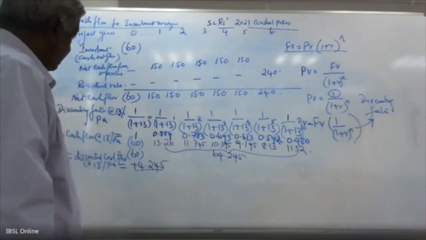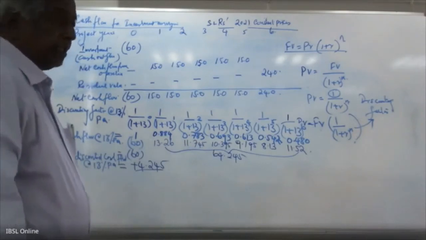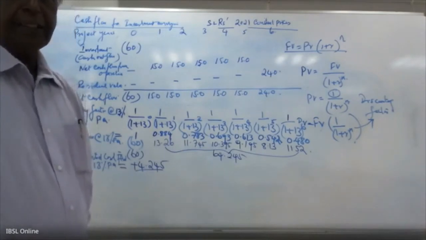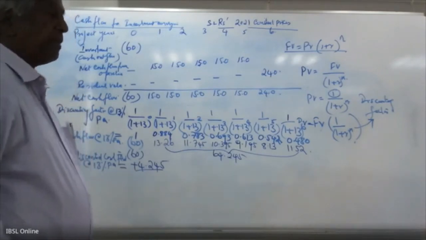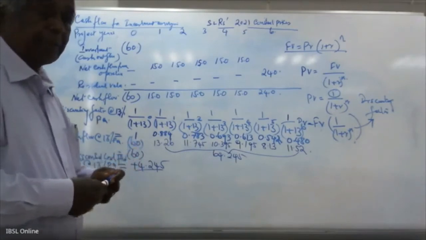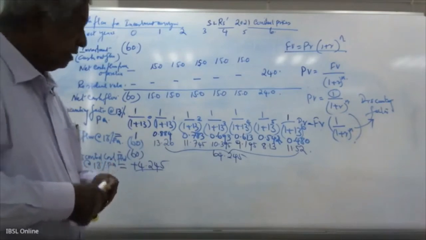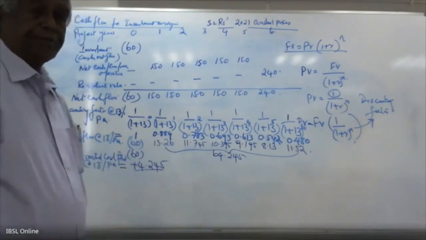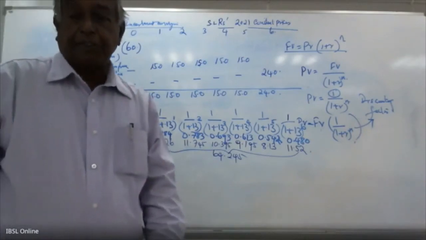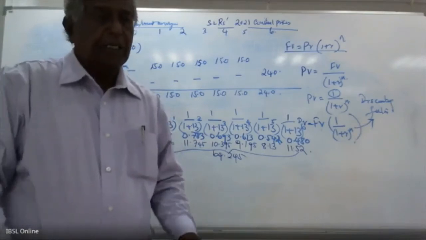But if we try to borrow at 13%, that is 5% less than 18%, it is worthy because the NPV becomes positive. At 18%, NPV is negative, but at 13% borrowing interest rate, it is positive. So at 13%, investing in this project is worthy.